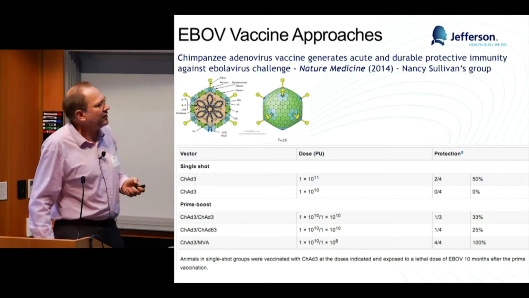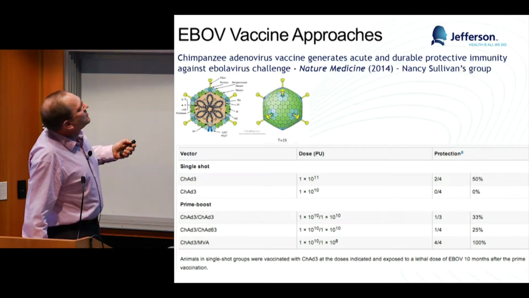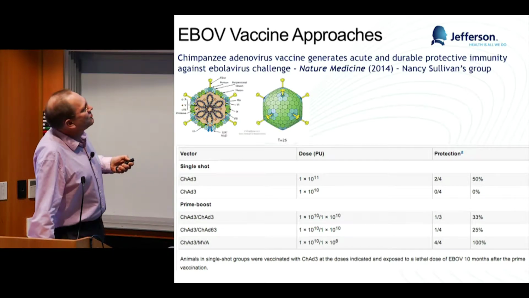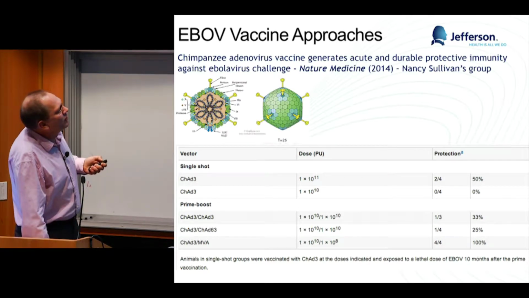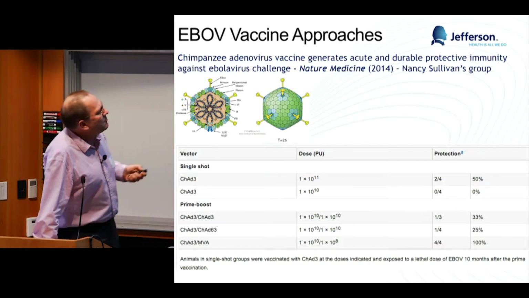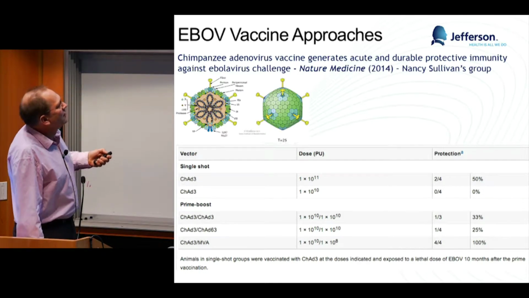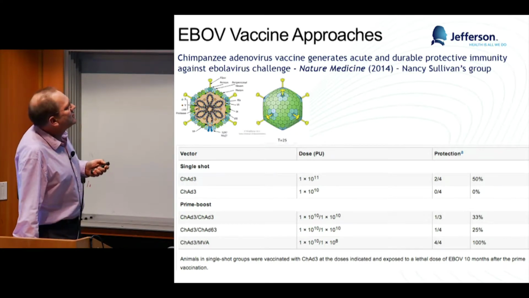So we have two front runners. You all heard it. There is a chimpanzee adenovirus vaccine, the GSK vaccine, and that work was initially all done by Gary Nabel, and actually Nancy was the driving force behind it. It is a replication-deficient virus.